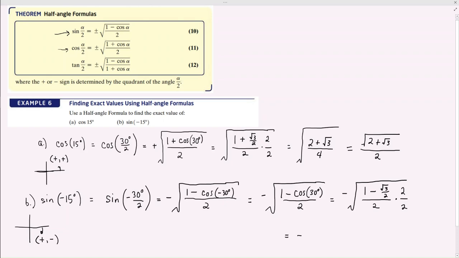So the end result here, I'm going to have a negative square root of 2 minus square root of 3 over 4. And again, I'm going to simplify that radical 4 in the denominator, and so this will be a negative square root of 2 minus the square root of 3 over 2.